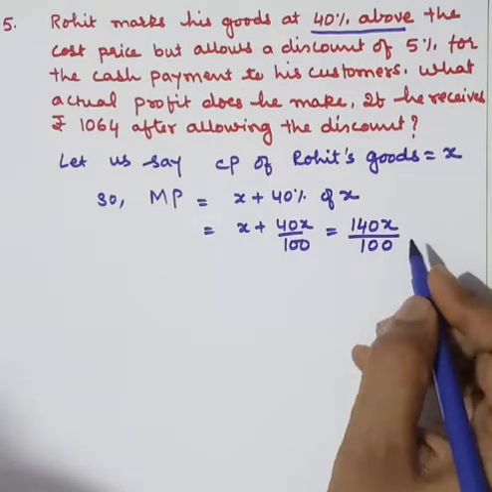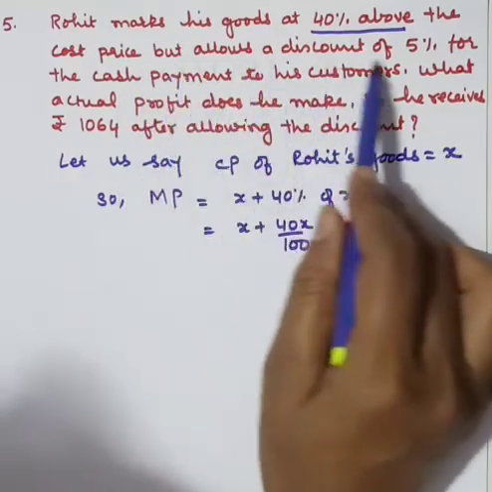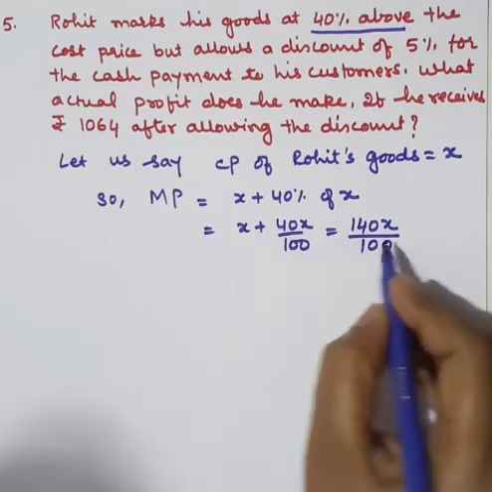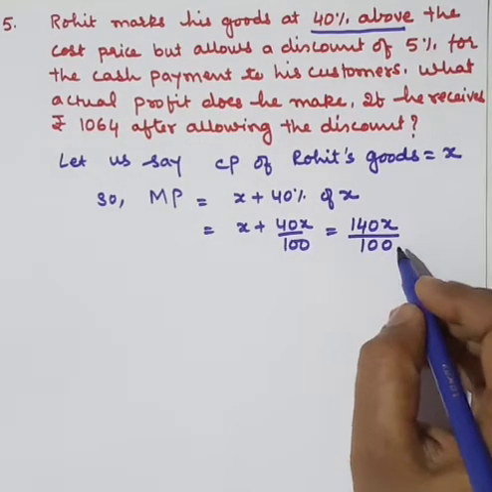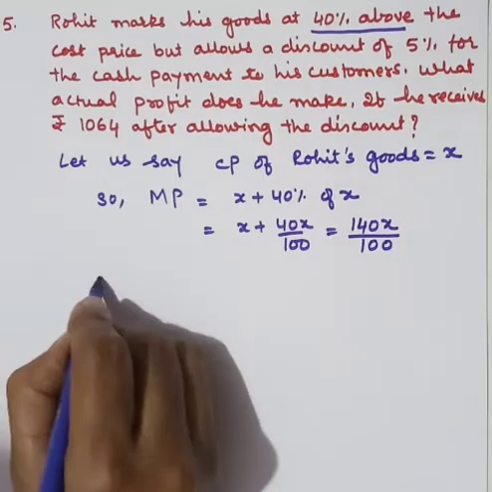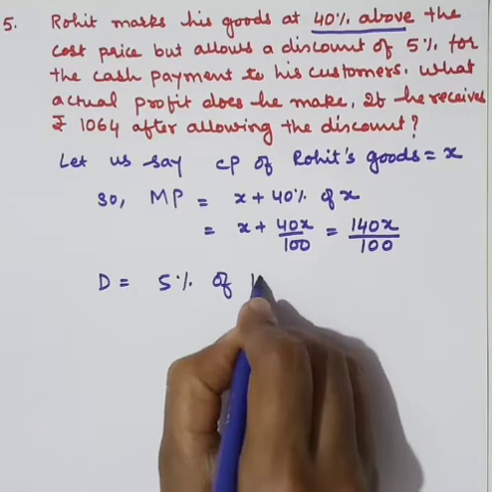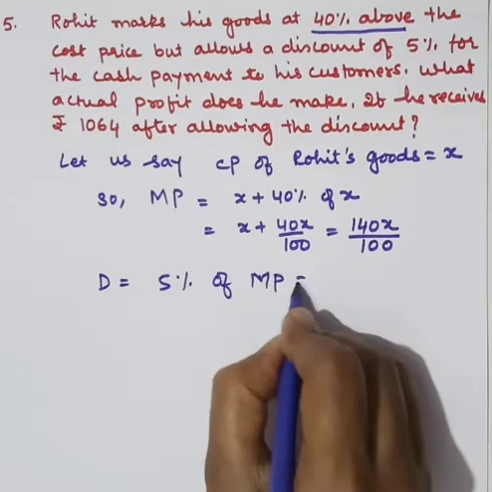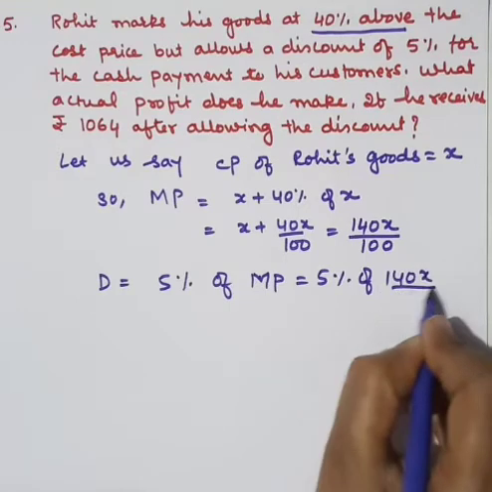Now let us go through next part. Now, he allows a discount of 5%. That means he is marking his goods at 140x by 100 and giving a discount of 5%. So let us say discount is equal to 5% of MP. 5% of MP means 5% of 140x by 100.